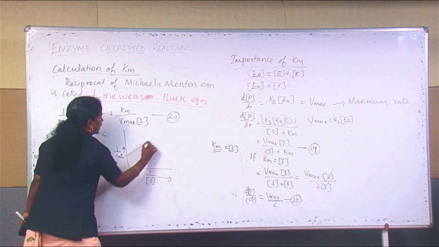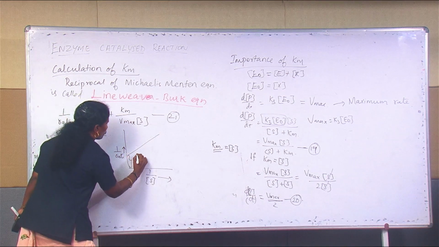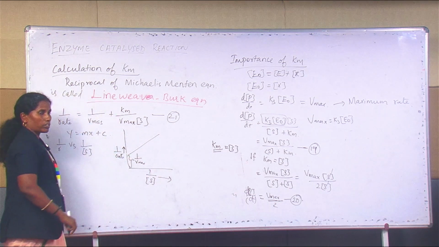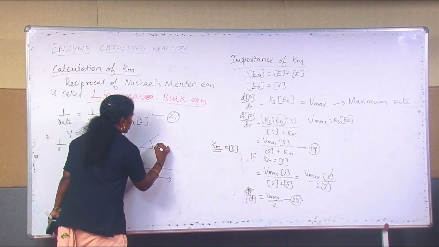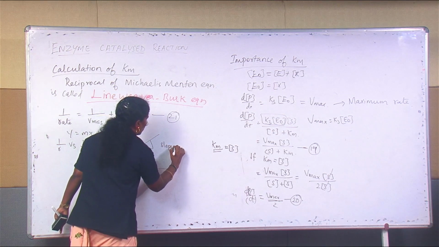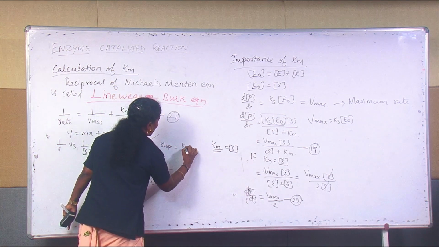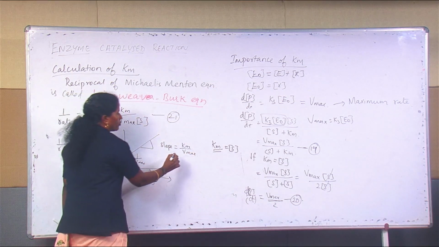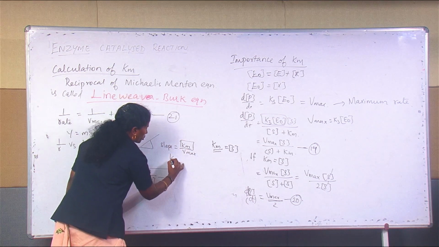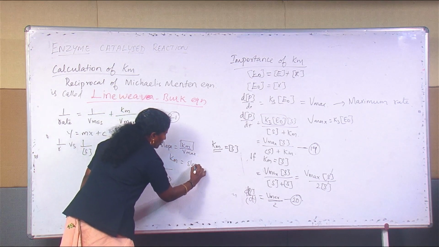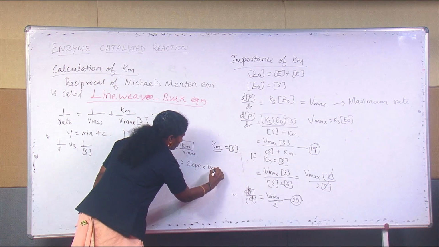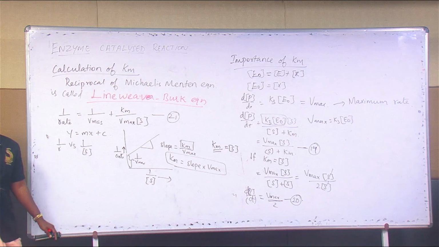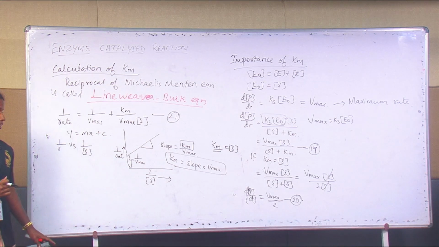We can get a straight line with the intercept equal to 1 by Vmax. So slope equal to Km by Vmax. So from the slope, the Km value can be calculated. So Km equal to slope into Vmax. So from this graphical value, the Km, the Michaelis Menten constant, can be calculated.